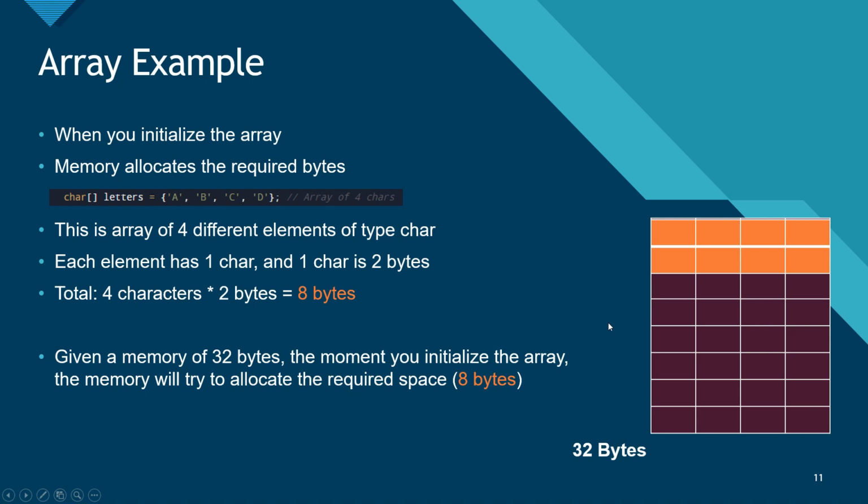You can't have some random location. No, it doesn't really work that way in terms of arrays. In other data structures, it may happen, but in arrays, when you're using an array, you know for sure that you're taking consecutive spaces next to each other.